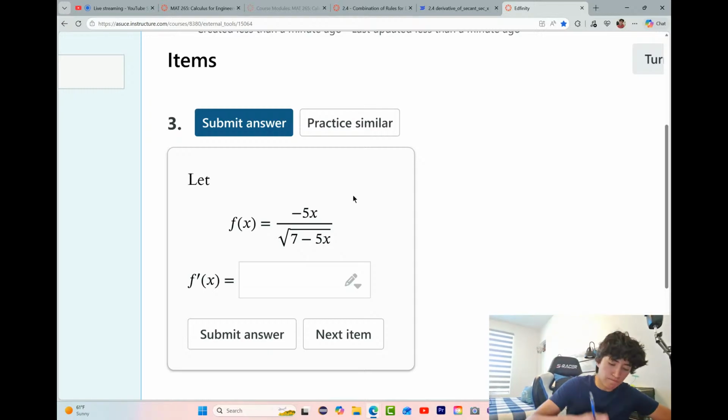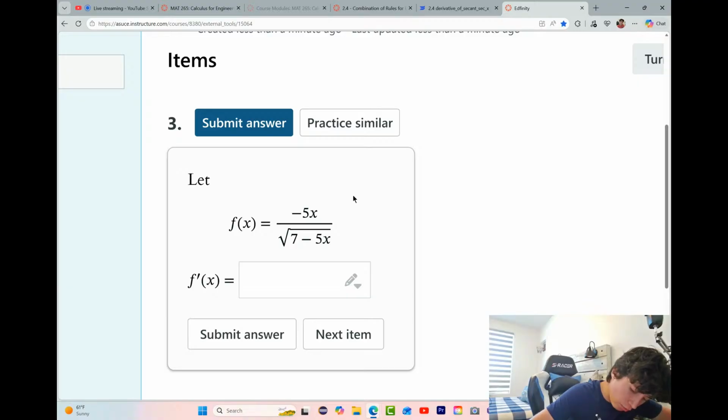So we have a quotient rule, but then we have the chain rule. Let's say that y equals the square root of 7 minus 5x. To evaluate that, y prime equals negative 5 times 1/2 times 7 minus 5x, all of that to the power of negative 1/2.